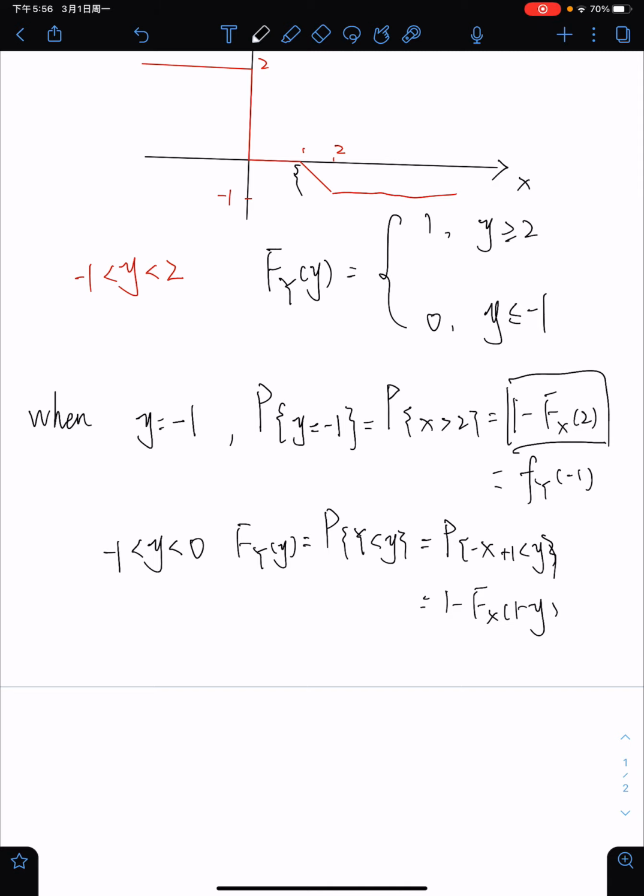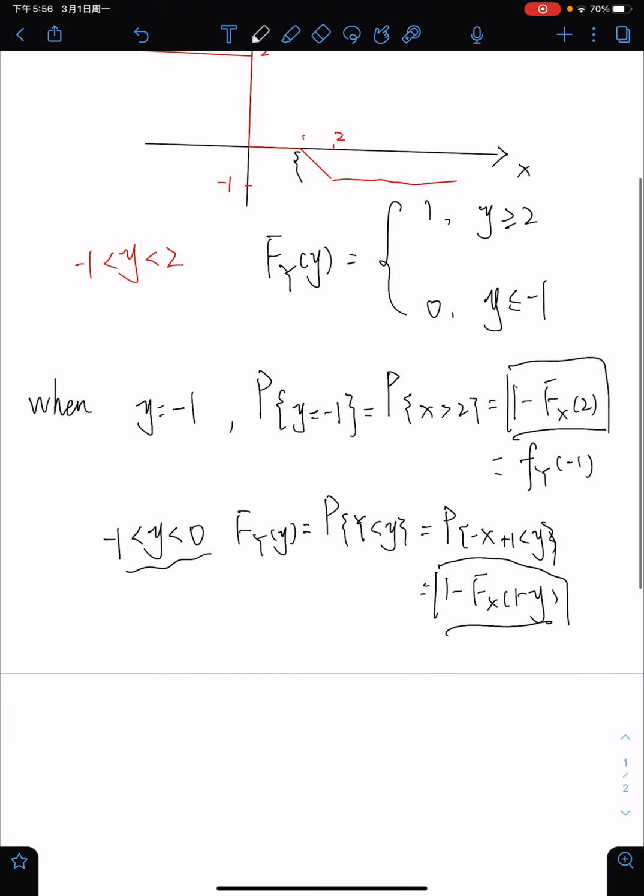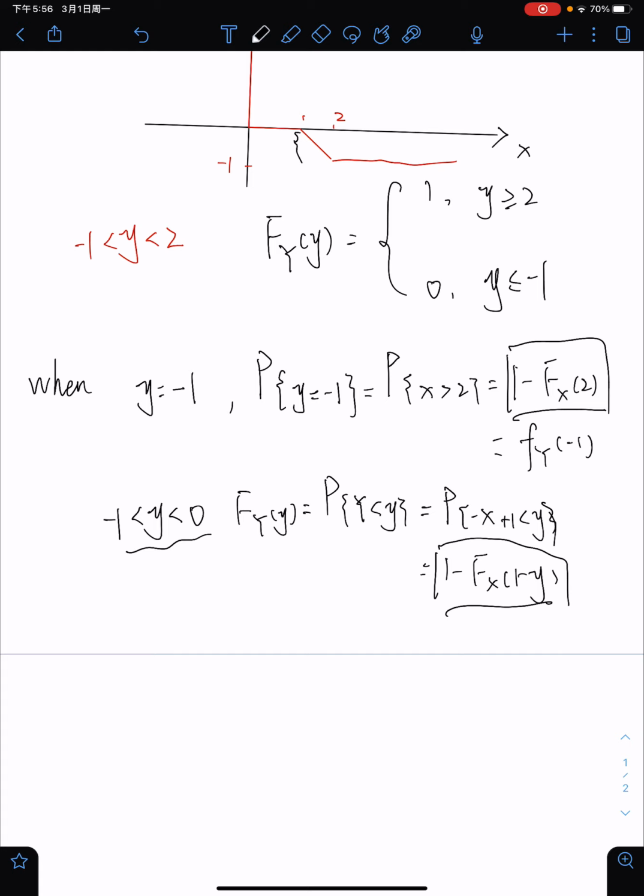Okay, here we know this is the distribution function of y in this scope, and we need to get the density function in this scope. We can just use this way. Okay, it's very easy to get the density function.